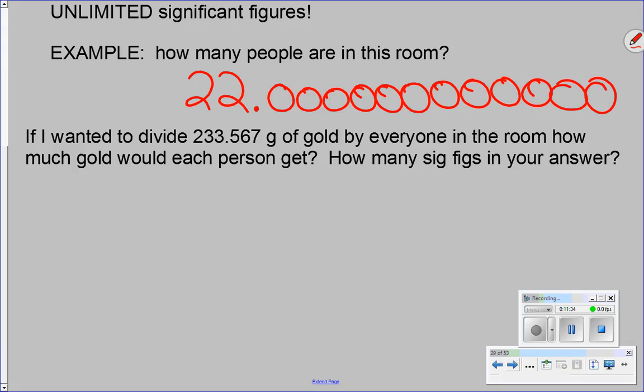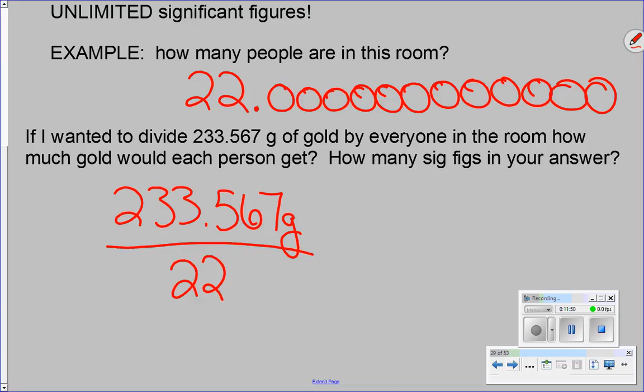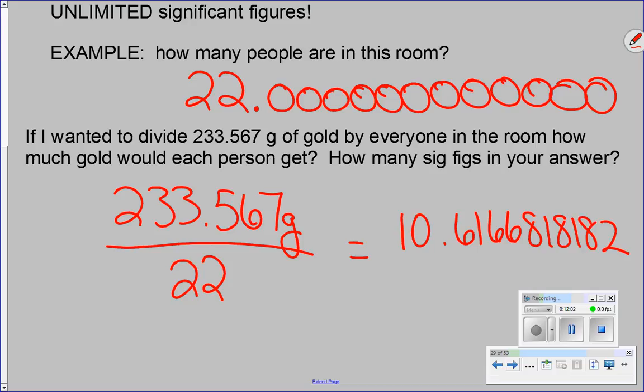in our answer. So if I had a hunk of gold and I was going to be really nice, divide it by everybody in the room. So if I have 233.567 grams of gold and I want to divide it by the 22 people in the room, when I get my answer, you might think, oh, I got 2 sig figs there, so I can only show 2 in my answer.